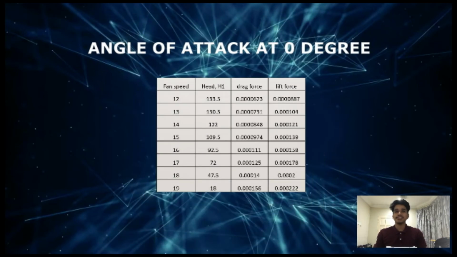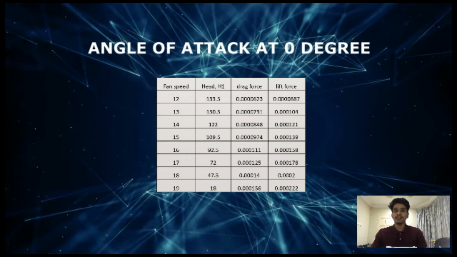We need to find the drag force and lift force by using the formula FD or FL equal to CD or CL times 1/2 rho velocity squared and area, which is the area of the aerofoil.